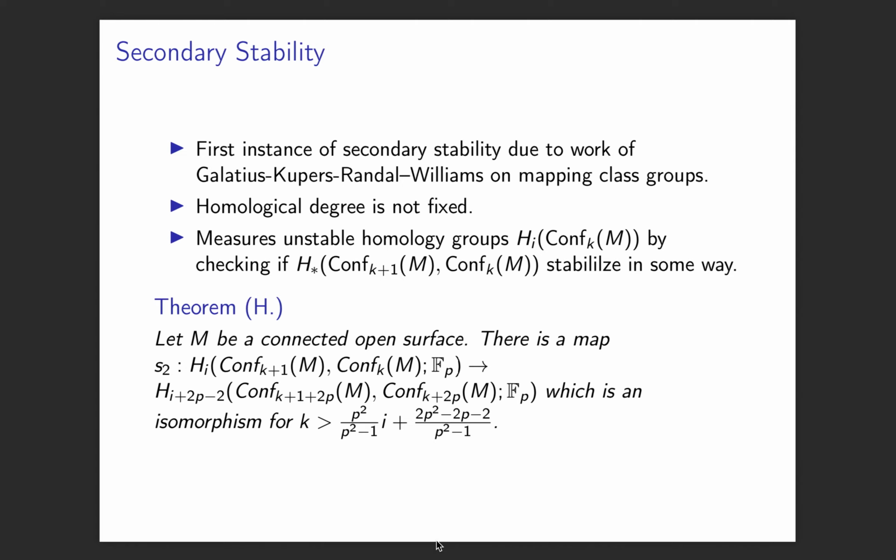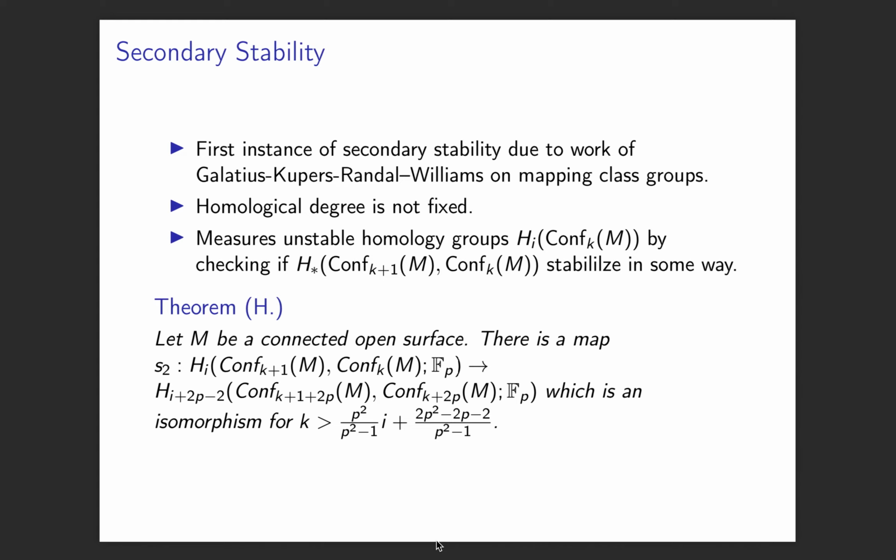Then there is a map, which I'll call S2, from the homology in degree i of the cone of the relative pair of the configuration space of k+1 points on M relative to the configuration space of k points on M, with coefficients over a finite field F_p, where F_p is the field with p elements, for p an odd prime.